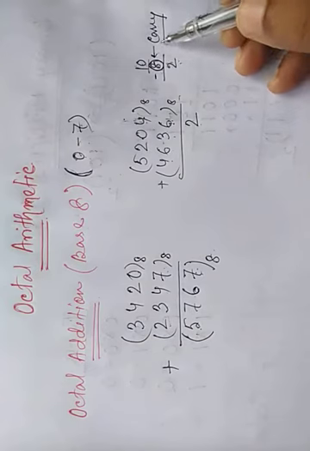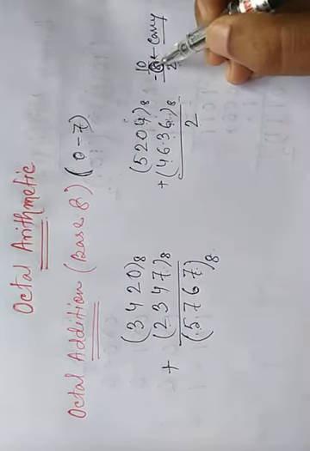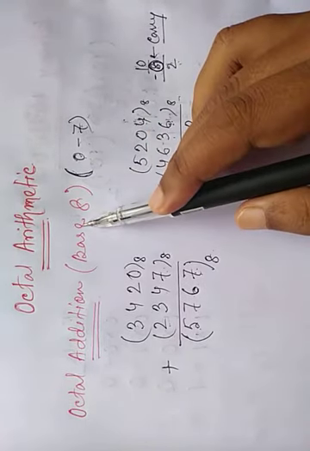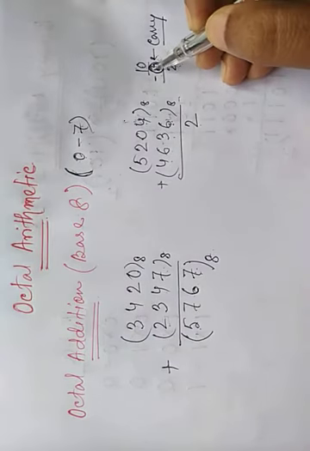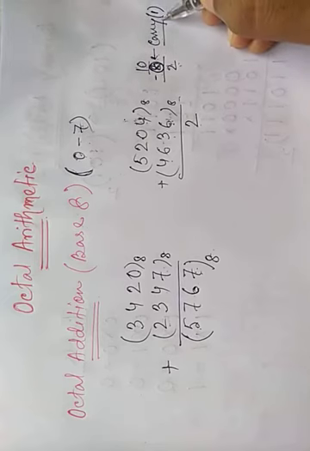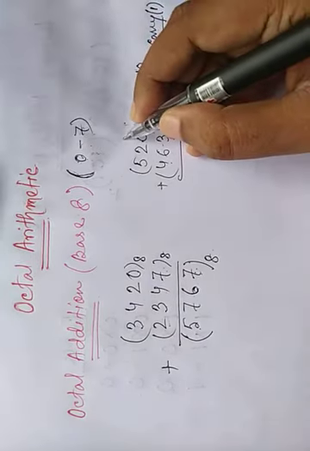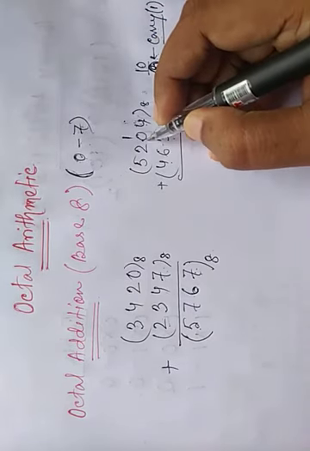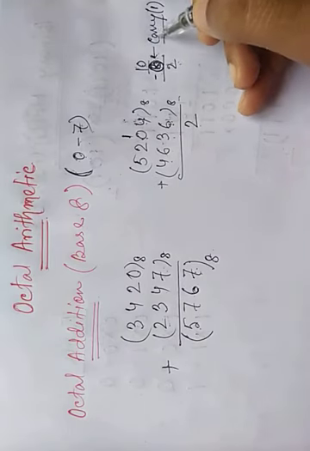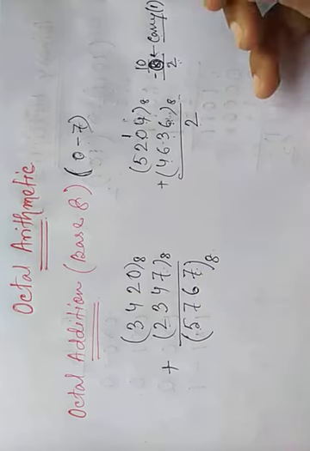As 8 is extra, it should be a carry. 8 is the base of the number system, so 8 extra means we carry 1. So this should be added as a 1 in its left hand side digit, not 8. If 8 is extra, we add 1 as carry.